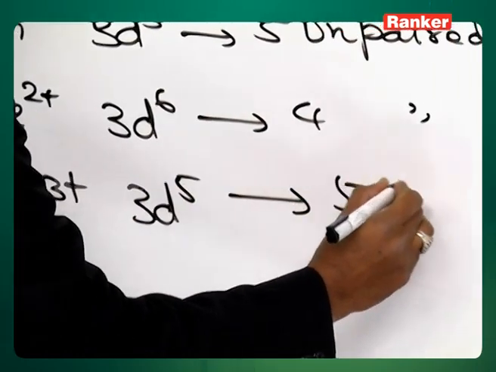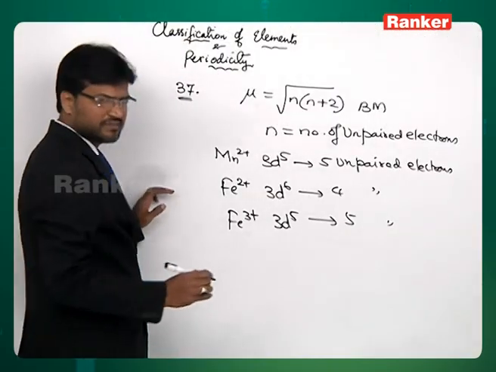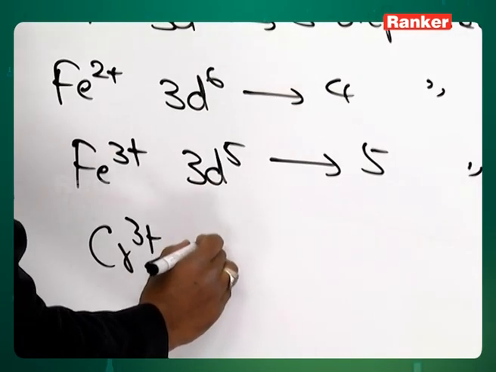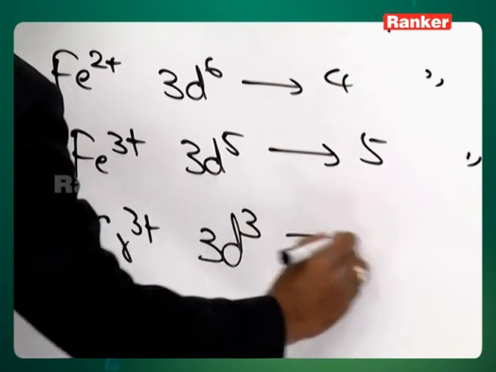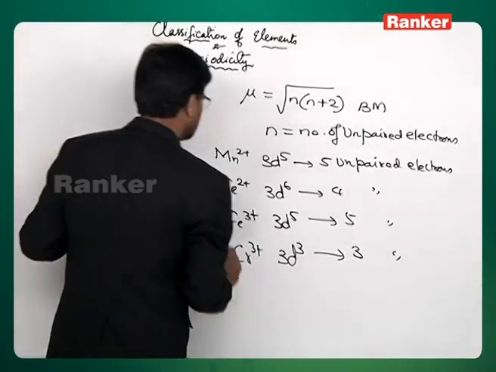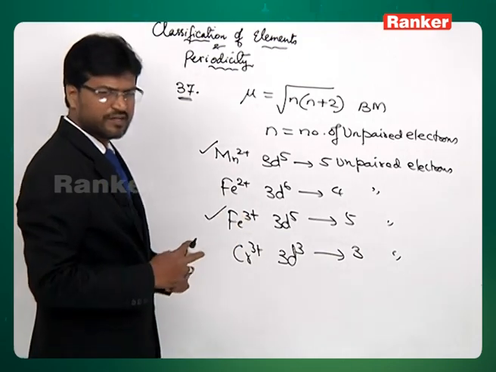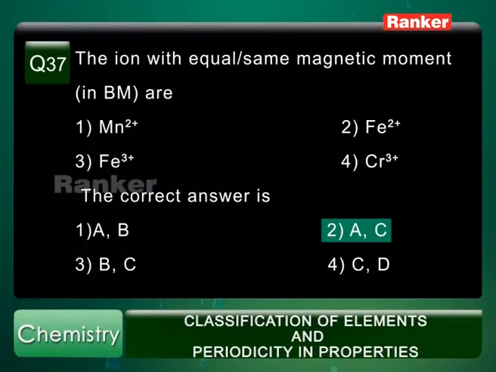It has 5 unpaired electrons. Then finally Cr3+ is 3d3. It has 3 unpaired electrons. So Mn2+ and ferric have the same number of unpaired electrons. So the correct answer is the second option, AC. Mn2+ and ferric have 5 unpaired electrons. Their magnetic moment will be the same.